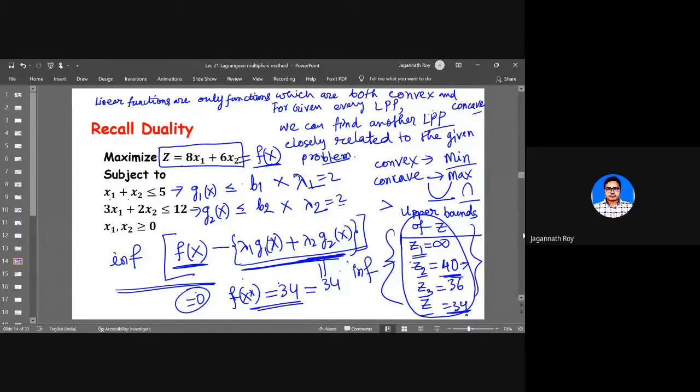At the optimum level they become equal. But if it is a non-linear function, then this gap may not be 0, and that positive gap is called the duality gap. In fact, this process is called dualization.